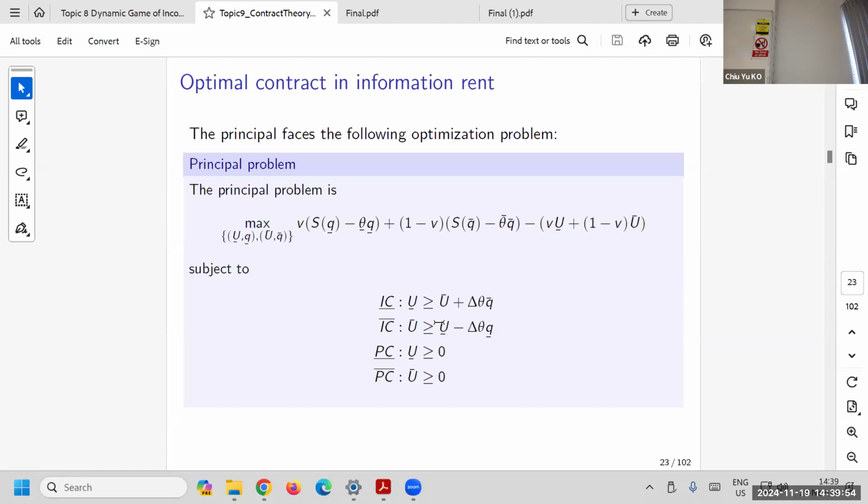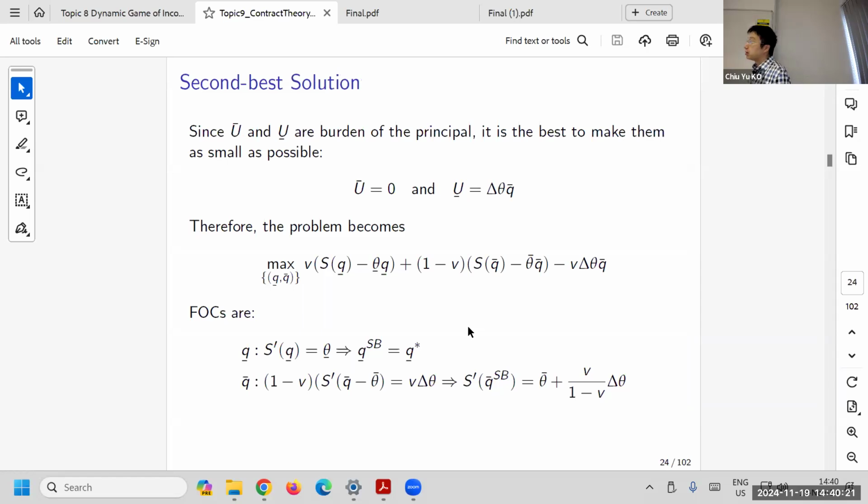Can you make both 0? No, because if you make this 0, this must be bigger than this guy. If you make this 0, that's all fine. So the best is to make this one 0. This is how you solve it: by making u upper bar 0, because you try to push u upper bar and lower bar to 0.